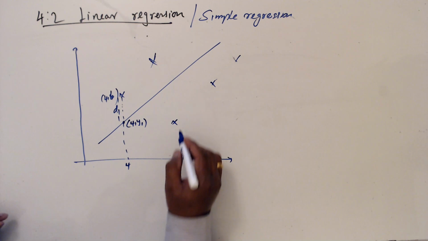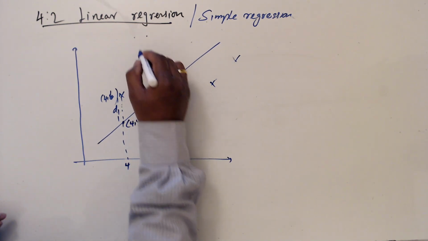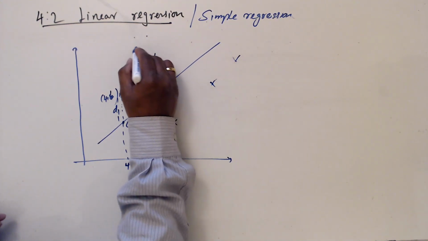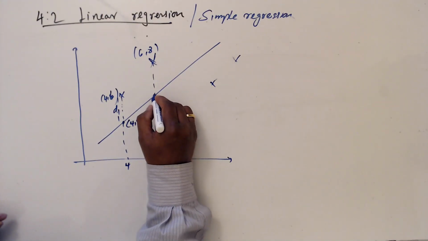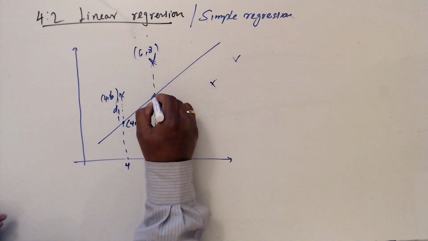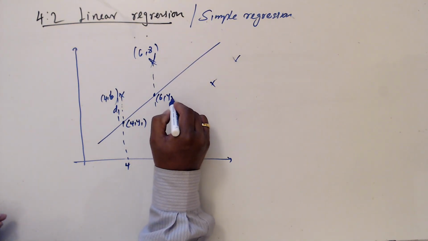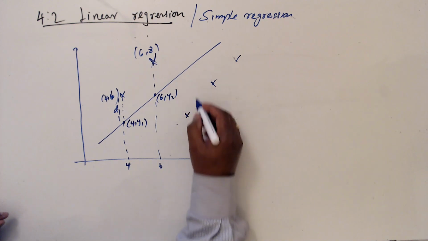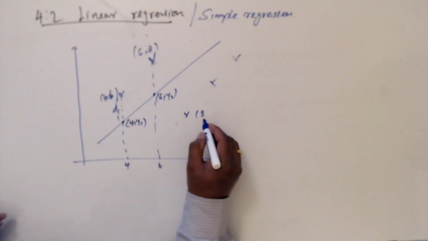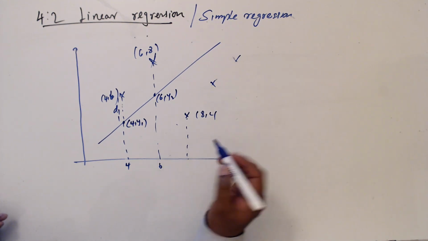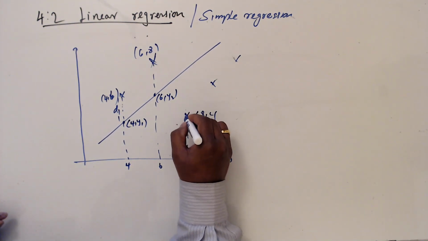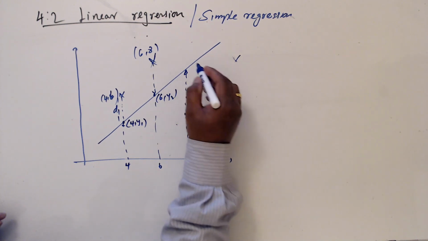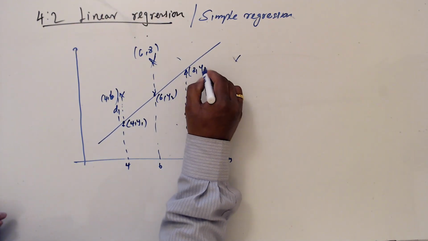Then the next point is (6, 8), represented on the line as (6, y2). The other point is (8, 4), represented on the line as (8, y3).